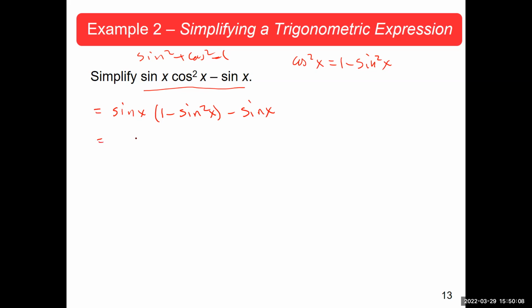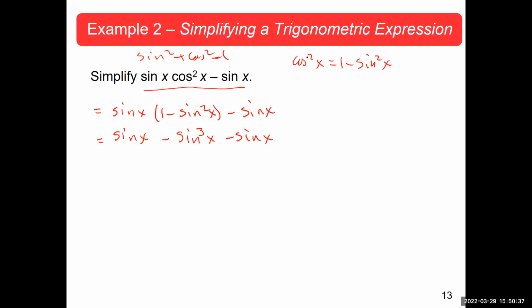Distribute: sine x multiplied by 1, minus sine x multiplied by sine square x, the sine cube of x, minus sine x. Any questions so far here?